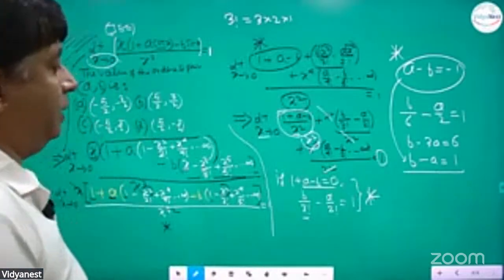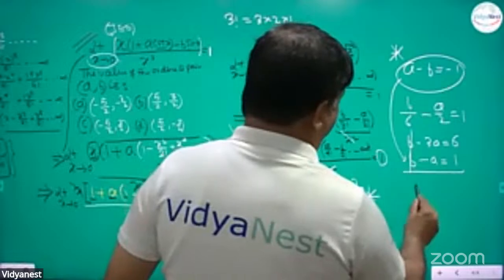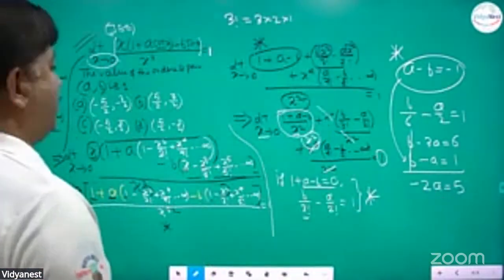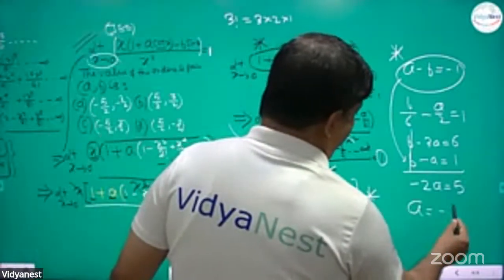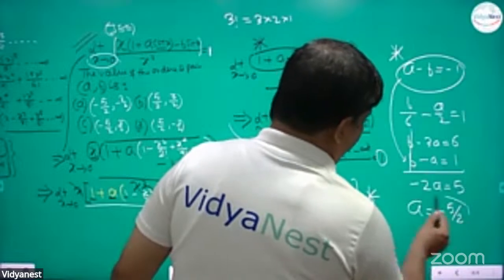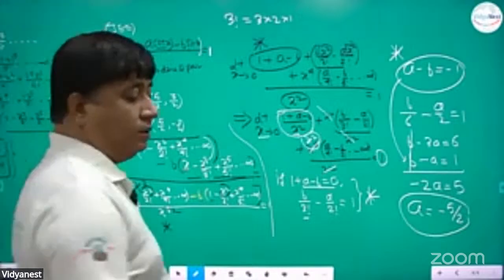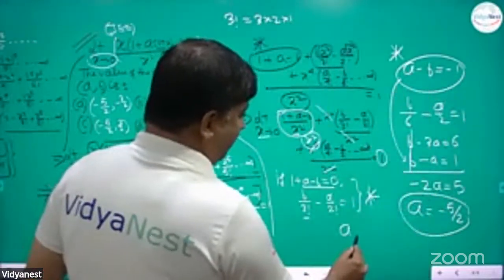So you subtract, b will get cancelled. Then minus 2a is equal to 5. We have got a is equal to minus 5 by 2. Once you get a is minus 5 by 2, put it in either of these two equations. I am putting it in the first equation.